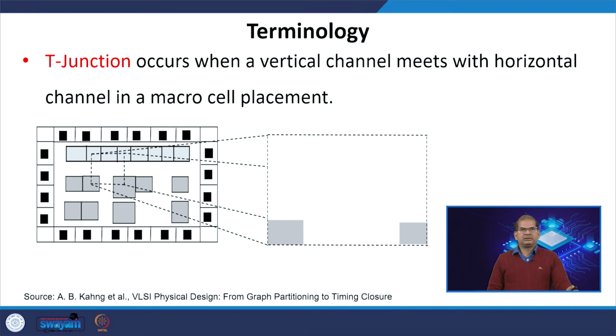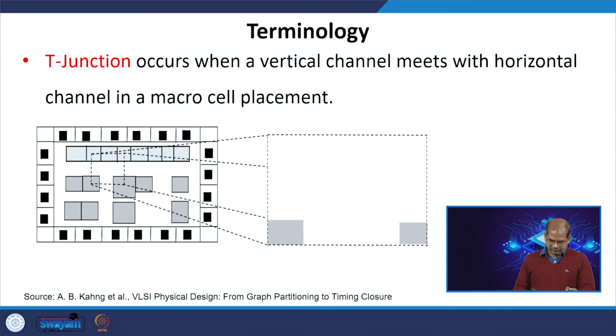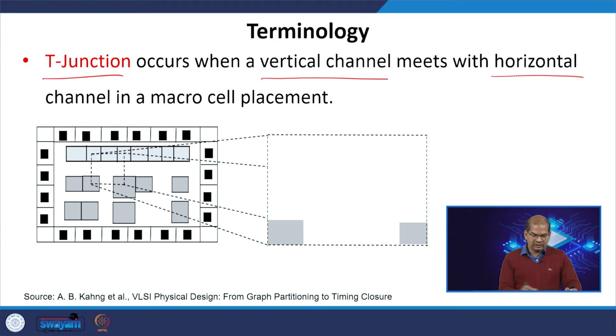Now, we discussed the capacity, which is very important. Channel capacity is a very important factor while discussing routing in VLSI physical design. Now we will discuss the T junction, which occurs when a vertical channel meets a horizontal channel in a macro placement. This is a vertical channel and it meets a horizontal channel.